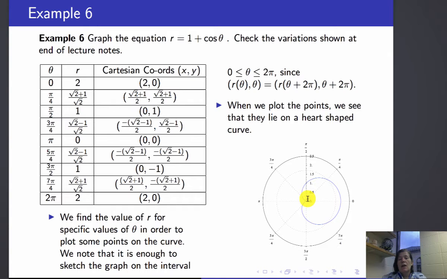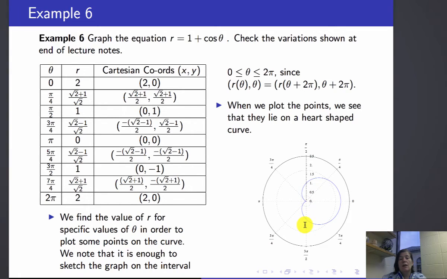And then as the angle sweeps around from pi to 3 pi over 2, we see that the distance from the origin gradually increases, so that when I get to theta equals 3 pi over 2, r is 1, and the corresponding point in Cartesian coordinates is 0, minus 1.